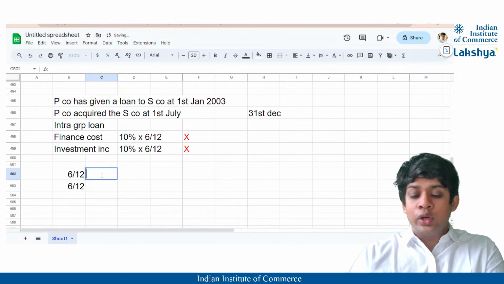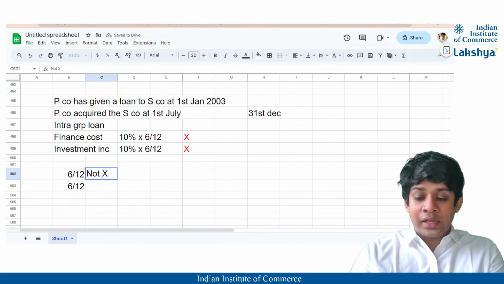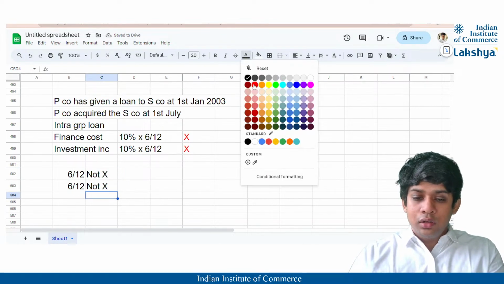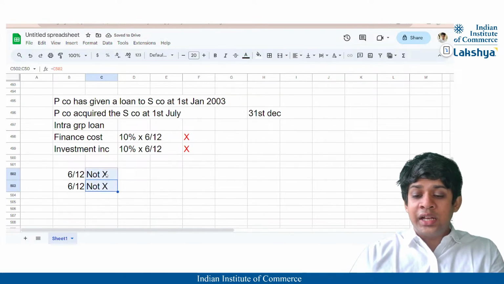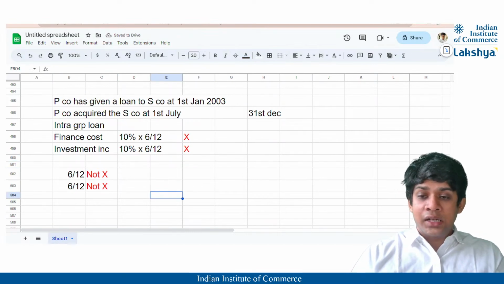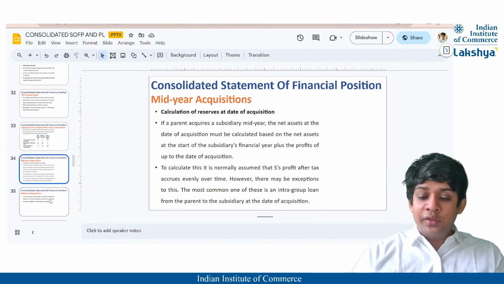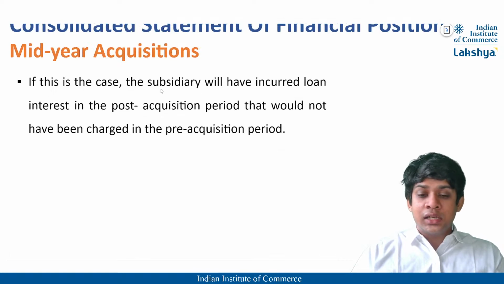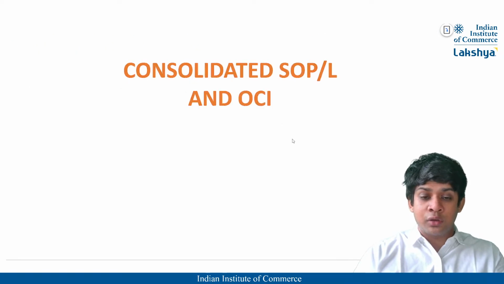Okay, these are not going to be cancelled, because these were actually taken into consideration before the subsidiary company was acquired. Okay, so I hope this part is clear to you all. Now, heading on further, in case of mid-year acquisition, the subsidiary will have incurred loan interest in the post-acquisition period that would not have been charged in the pre-acquisition period. So that is what they are explaining, which I have given a brief explanation of.